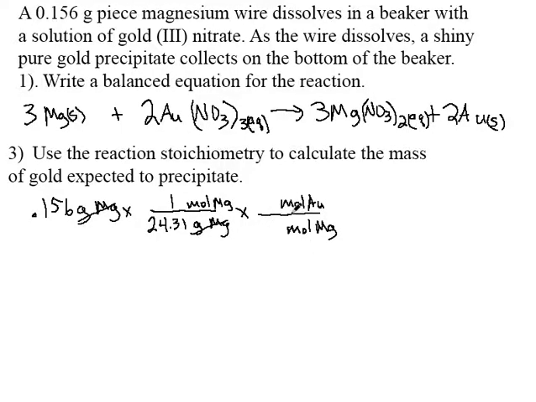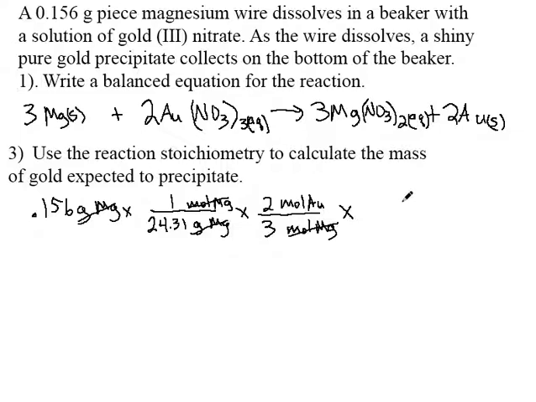From the reaction stoichiometry, we see that there are 2 moles of gold for every 3 moles of magnesium. The moles of magnesium cancel out, and then we can do our conversion to figure out how many grams this many moles of gold represents.